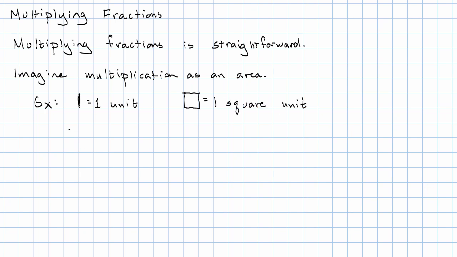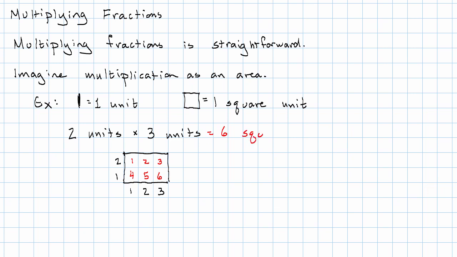And we would say, for example, 2 units times 3 units would be a rectangle 2 units high, 3 units wide, and the area would be 1, 2, 3, 4, 5, 6. 6 square units. We can use the same sort of image to multiply fractions.